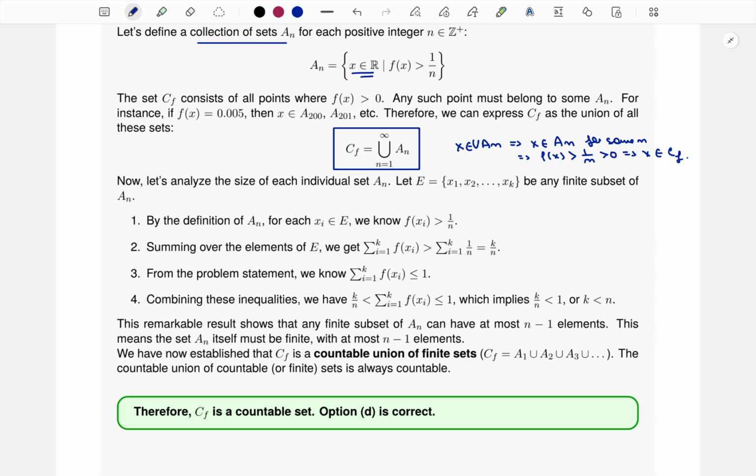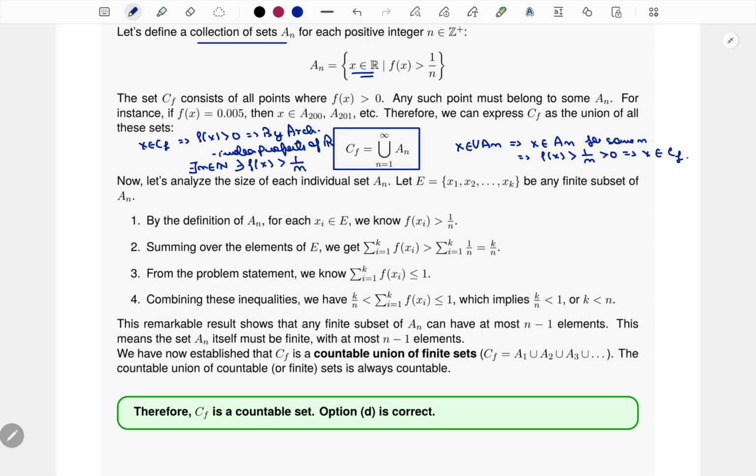What can we say about the other inclusion? Now the other inclusion is what we can get hold of from the Archimedean principle. Observe that if I choose x from CF, then f of x is greater than 0. But then by the Archimedean property of R, there exists some natural number n such that f of x is greater than 1 over n.